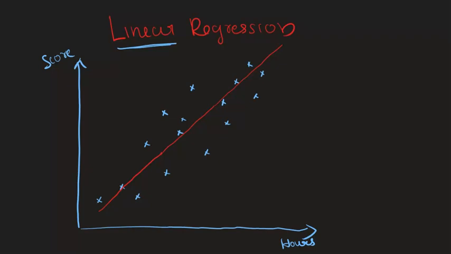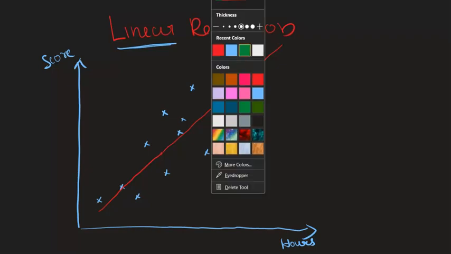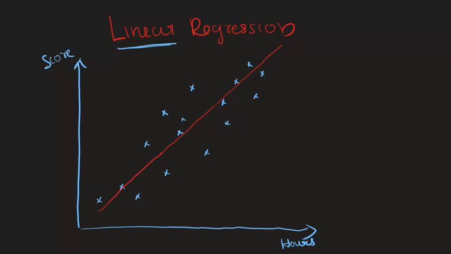When we get a new data point, like say X hours, we can predict the score that could be achieved by studying this many hours. The score could be predicted as y cap.